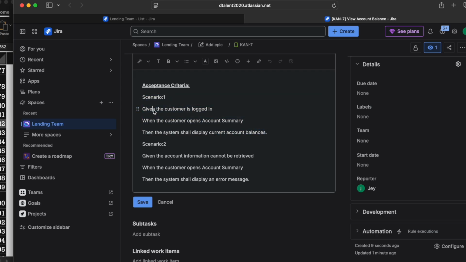So for given the customer is logged in, when the customer opens account summary, let's say they have checking and savings accounts. The tester will write, okay, customer login, the use case here, customer has multiple accounts, right? Customer has one account. So your scenario acceptance criteria covers only validating the valid account numbers, right?